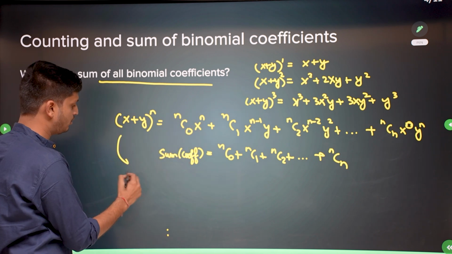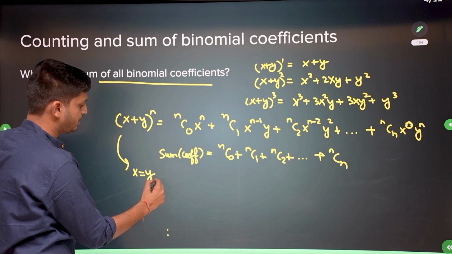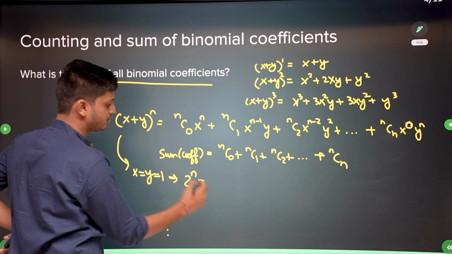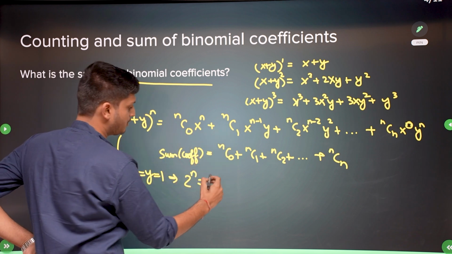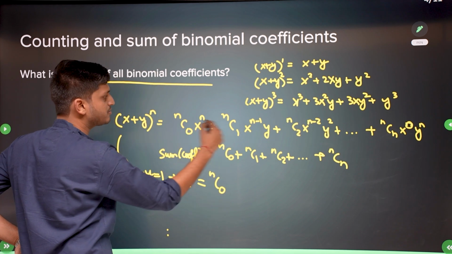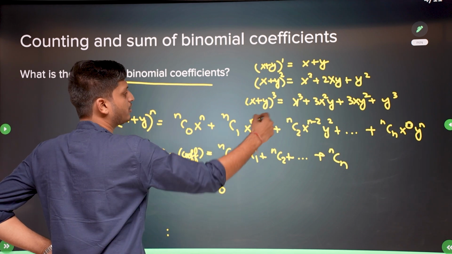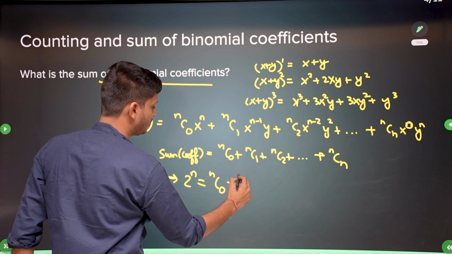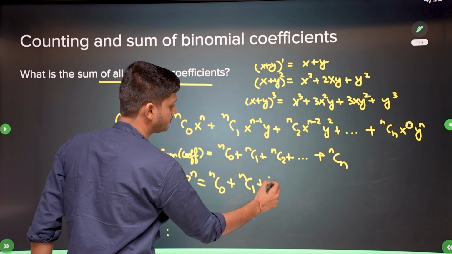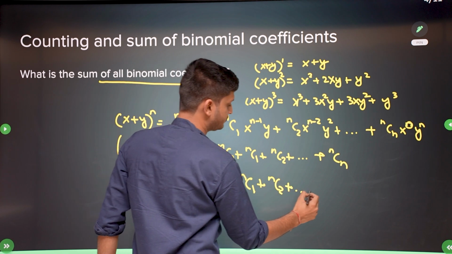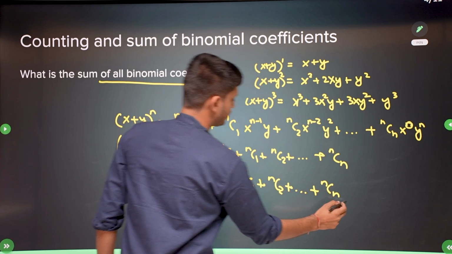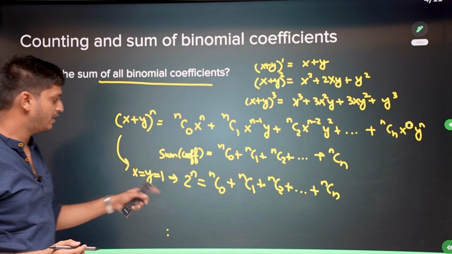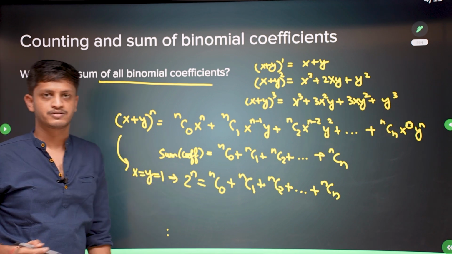If you put x equal to y equal to 1, the left side will become 2 to the power n, and the right side terms will all become 1, since 1 to the power n minus 1 into 1 is 1. So 2 to the power n equals n choose 0 plus n choose 1 plus n choose 2 and so on. So the sum of the coefficients you can calculate by putting x and y both as 1, and it will be equal to 2 to the power n.